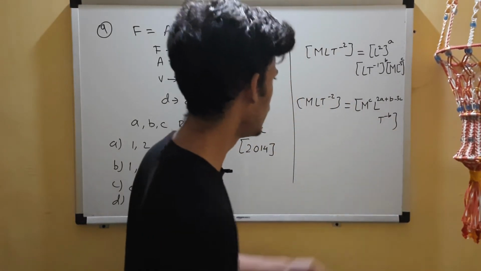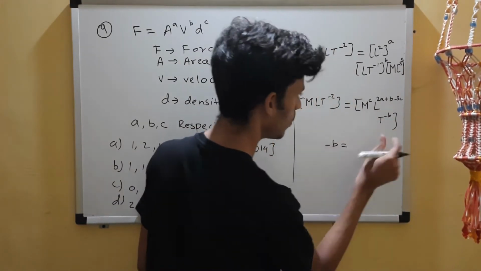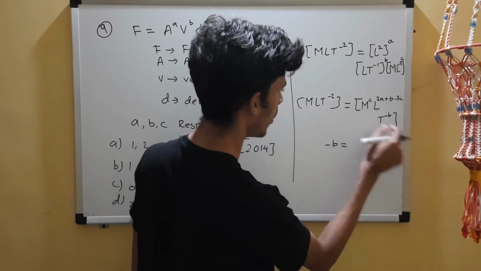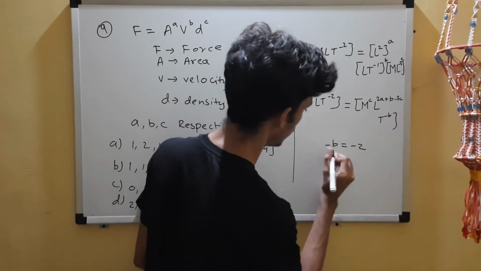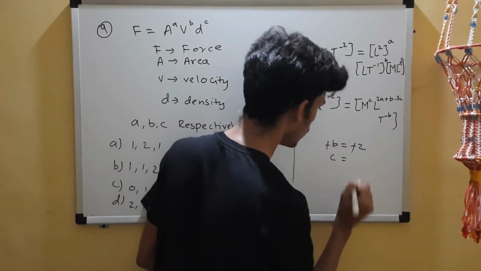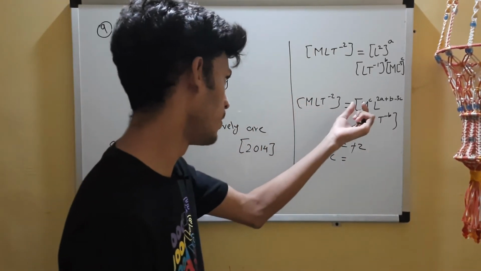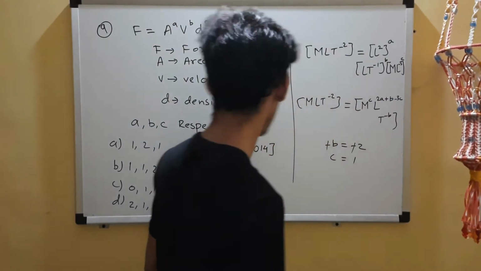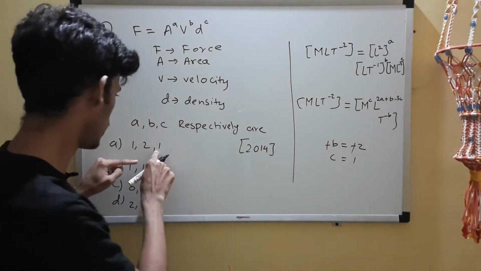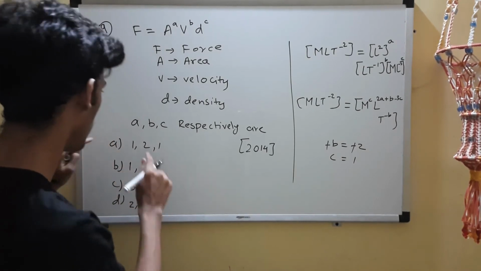Now compare the powers of T on both the sides, and powers of L on both the sides. So b is 2. Let's go for M: the power of M, c is 1. So b is 2, c is 1.